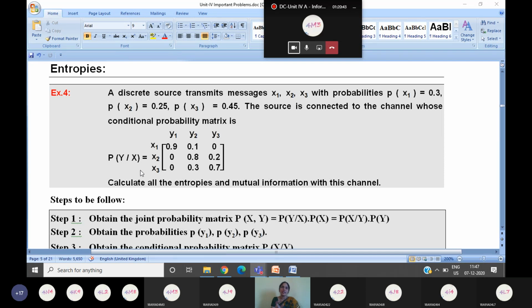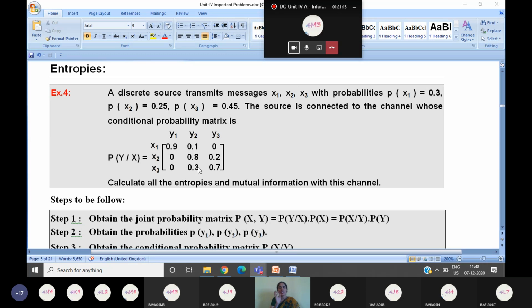Check what is in the denominator. If it is x, the sum of all the elements in each row should be equal to 1. First row, second row, third row, all should be 1. If it is P of x by y, the sum of elements in each column should be equal to 1. Here it is P of y by x, so the elements in each row should sum to 1. So the sum of the first row is 1, and whether you check the second or third row, the sum of all the event probabilities is 1.